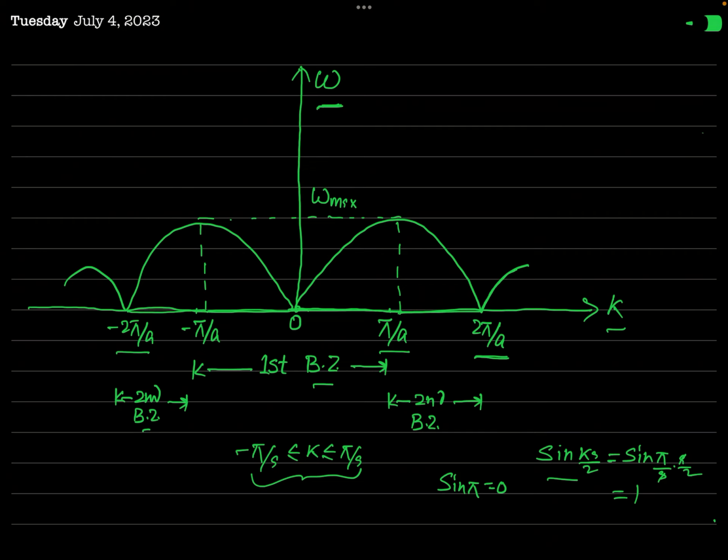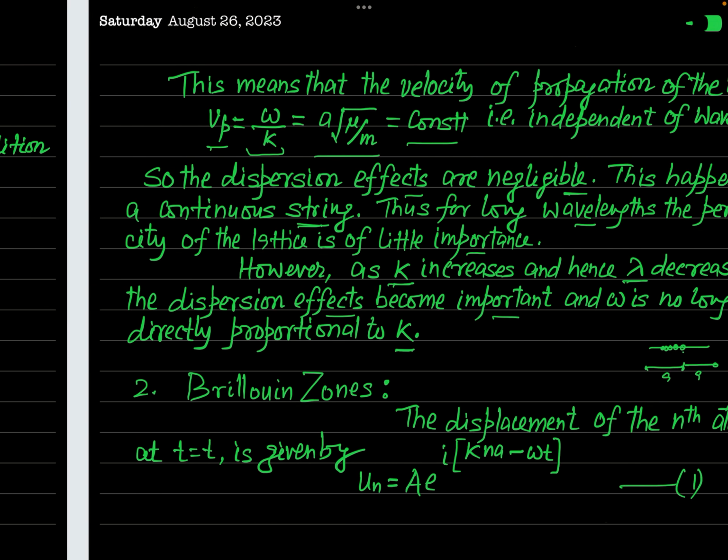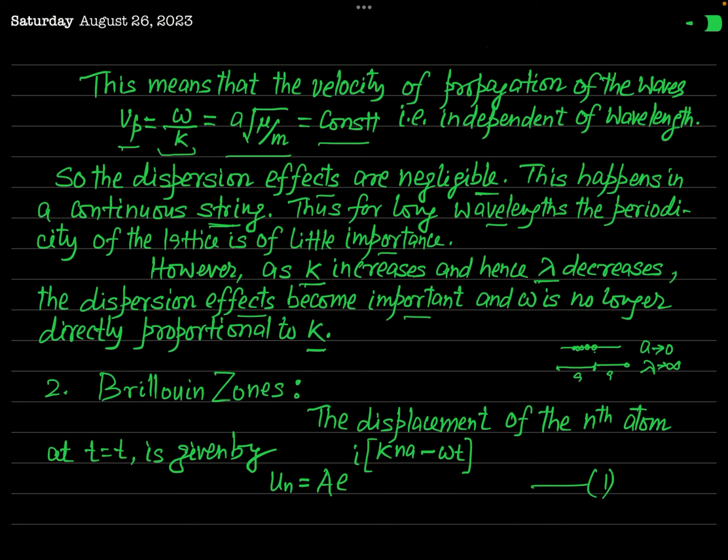And the region which lies between k equal to pi by a to k equal to 2 pi by a, and also k equal to minus pi by a to k equal to minus 2 pi by a, these are called the second Brillouin zones. So now we will learn about this Brillouin zone. Actually, at the boundaries, a very important idea will be obtained when you discuss it.